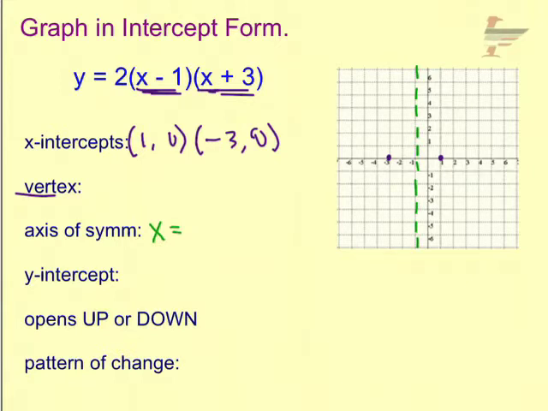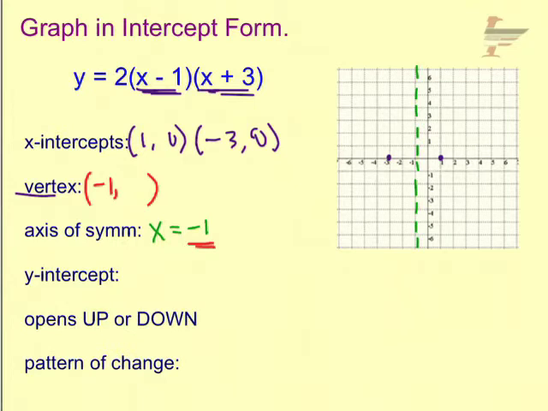And what's the number? x equals -1. Whatever our number is for our axis of symmetry, that is always the x value of our vertex. So right now we have half of our vertex. We know that x is -1, so let's figure out what the y value is.